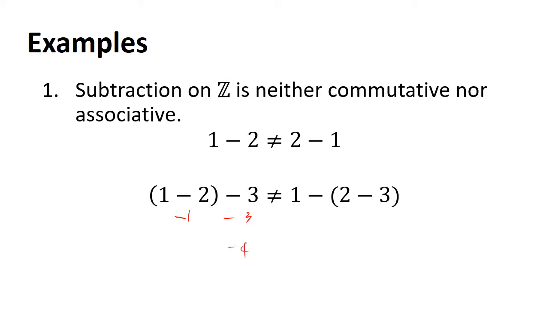On the other side, if we subtract the difference of 2 minus 3 from 1, we get 2 minus 3 is negative 1, and 1 minus negative 1 gives positive 2. And negative 4 is not equal to positive 2. Therefore, subtraction is neither commutative nor associative on the set of integers.